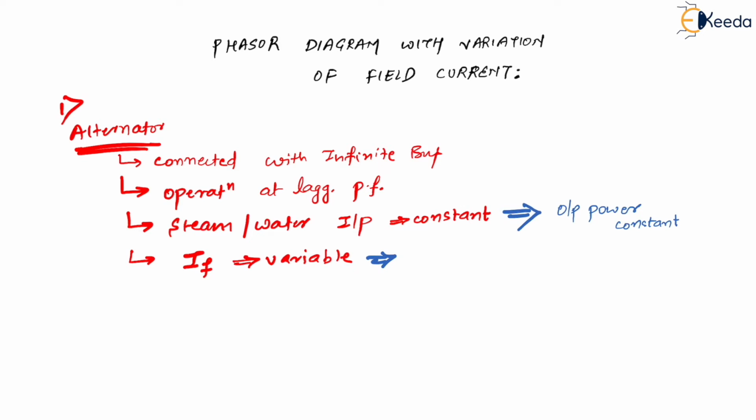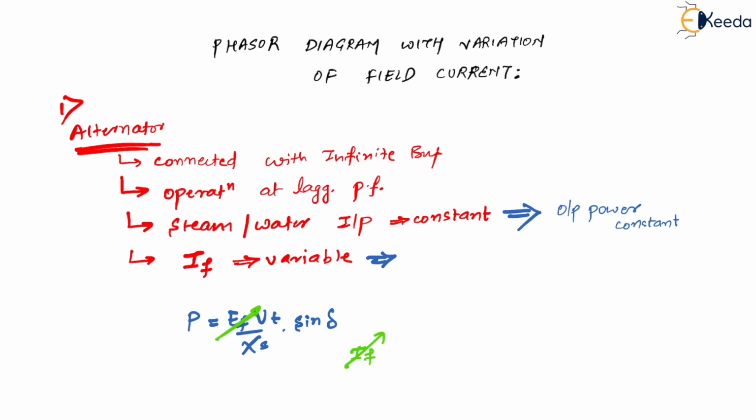But let me tell you one thing. If If is varied, people say this: if I think of the active power output P, it is given by Ef Vt by Xs into sin delta, correct? Now students say that if I change If, Ef will change, because If and Ef are proportional to each other.